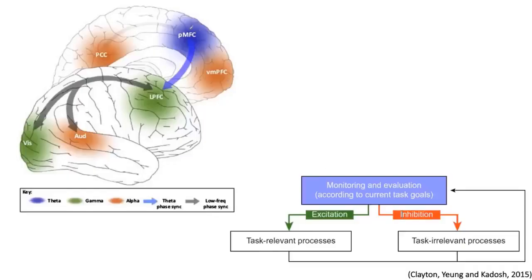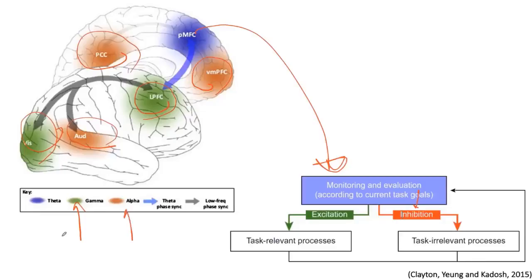Technically, what we do is use this part to monitor and evaluate information, and then excite some pieces that are important and inhibit or turn down pieces that are not important in the brain. And this system works using different levels of oscillation, different oscillator rates, to manage this complex system.